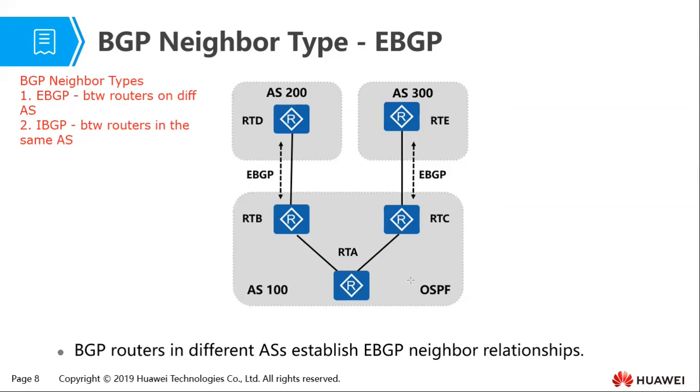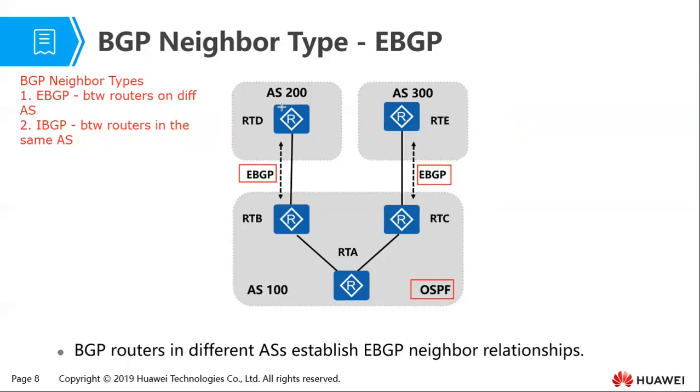In AS100, they are using the IGP OSPF. Now, if RTB was to establish a BGP neighbor relationship with AS200, then that neighbor relationship is known as EBGP, or Exterior Border Gateway Protocol. Similarly here, we are forming an EBGP relationship.